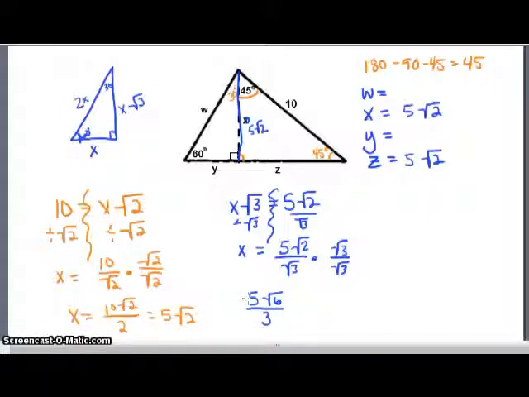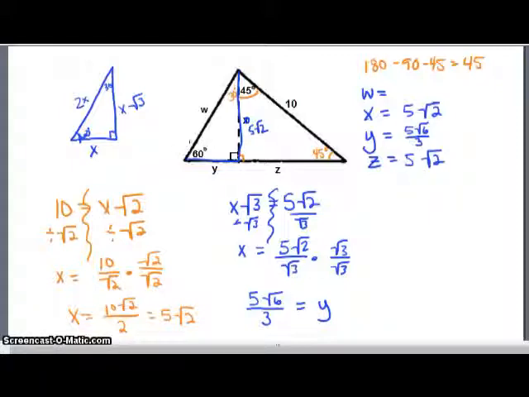That cannot be simplified any further. So we get that this side right here, which isn't really x, because in our problem it's going to be y, we get that y is equal to 5 root 6 divided by 3. So I'm going to write that in here. 5 root 6 divided by 3.